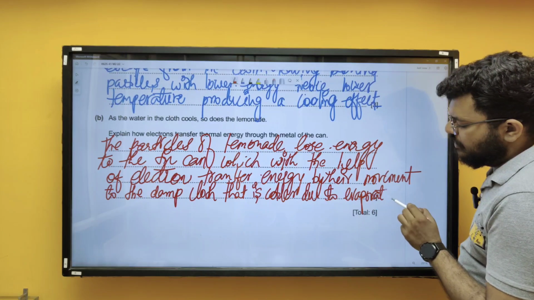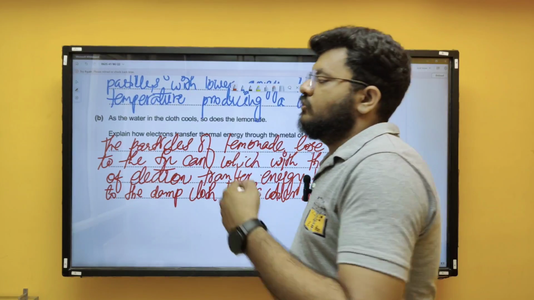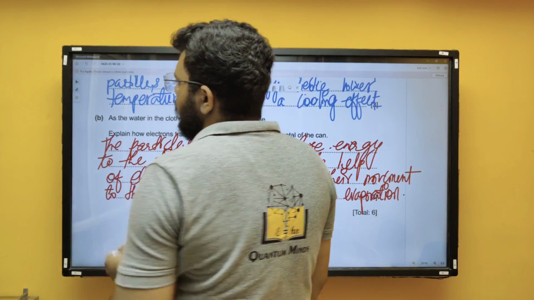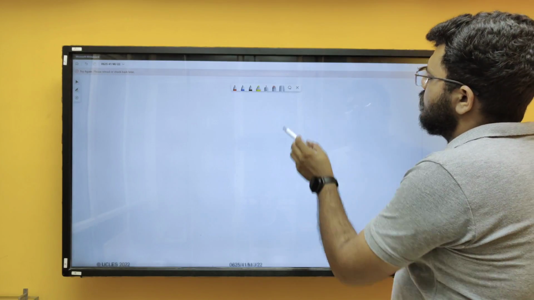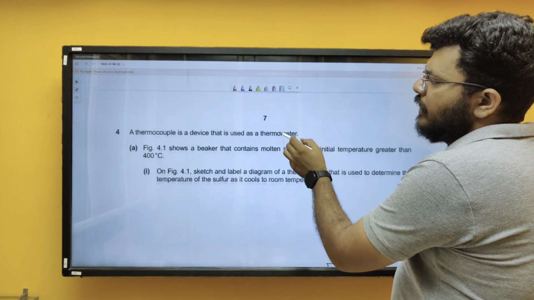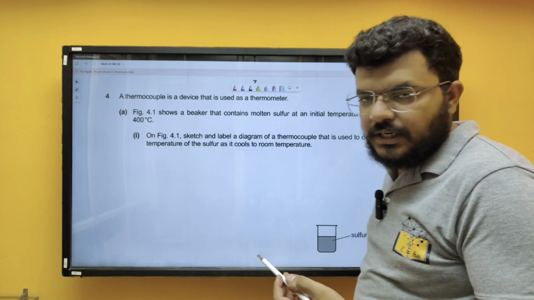So now the damp cloth will get a little bit heated up and it will give rise to more evaporation and in turn more cooling, right? This is what happens. I hope everyone can read my handwriting. If you can't, this is the best I can do, guys.